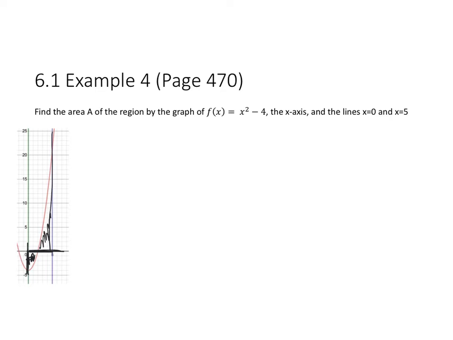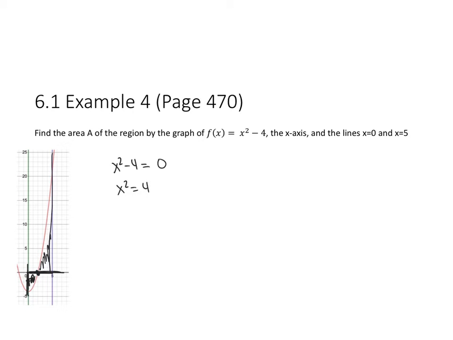The first thing we need to do is figure out where this intersection point is right here. So we're going to set x squared minus 4 equal to 0, because that's the x-axis. Then we're going to solve. That happens at x squared equals 4. So when we solve this, we get x equals 2 and x equals negative 2.